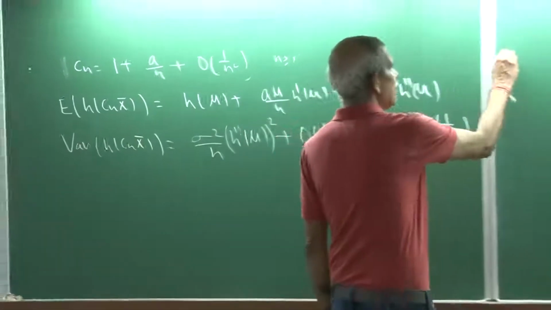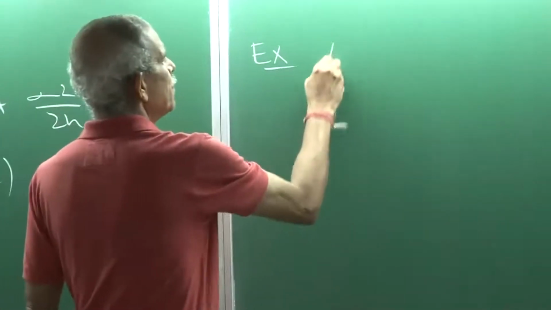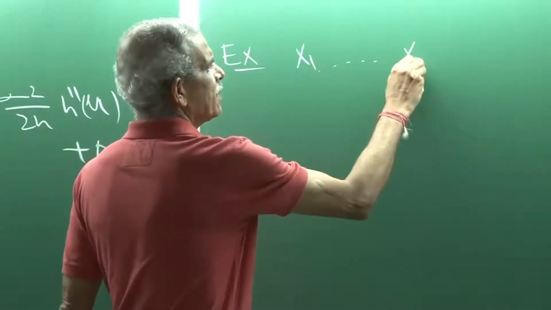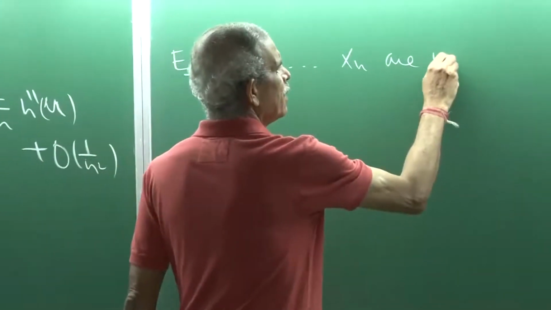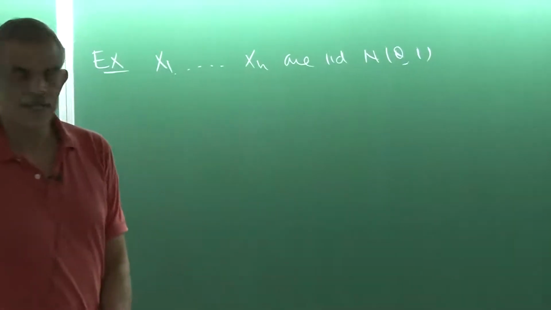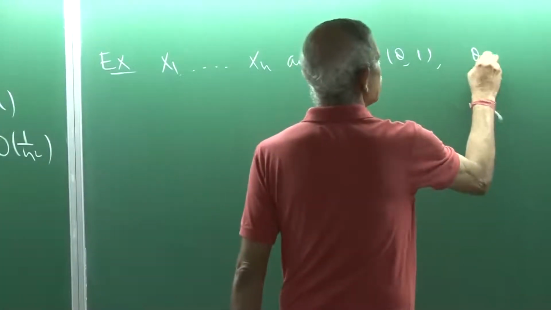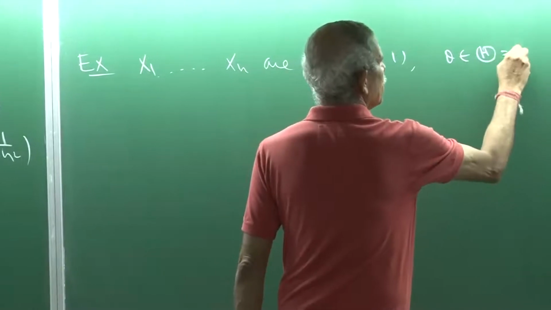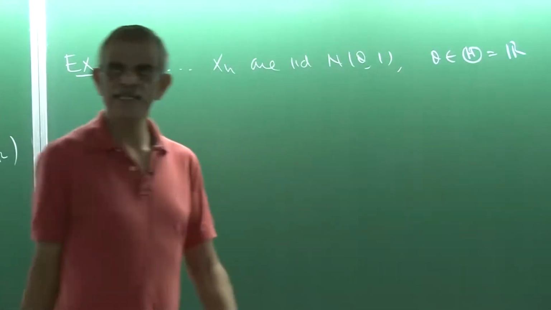So let us do this example. Suppose x1, x2, ..., xn are IID normal theta, 1, where theta is a parameter which can take any real value.